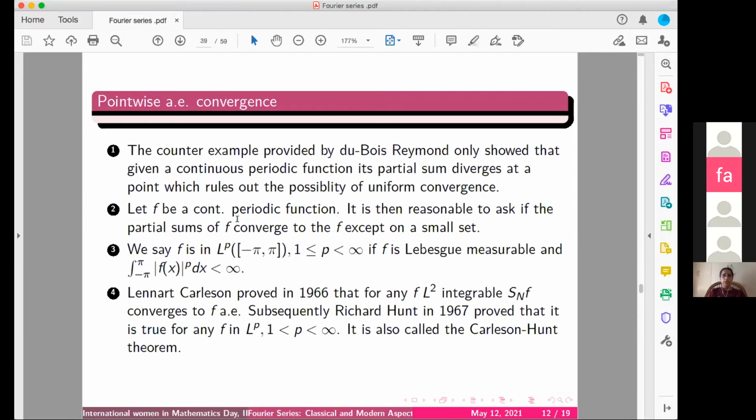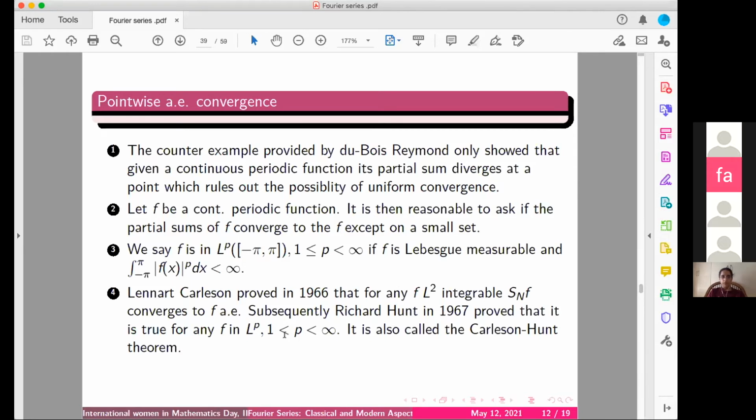This question was posed in, I think, the 1930s, and then it took almost 30 years to prove something in the positive. So Carleson proved in 1966 that if you have an L2 integrable function, then the partial sum of f converges to f almost everywhere.